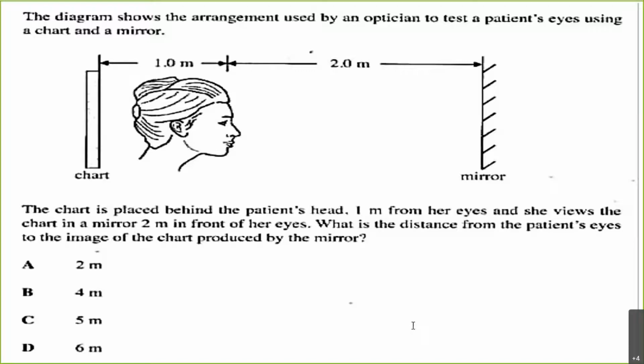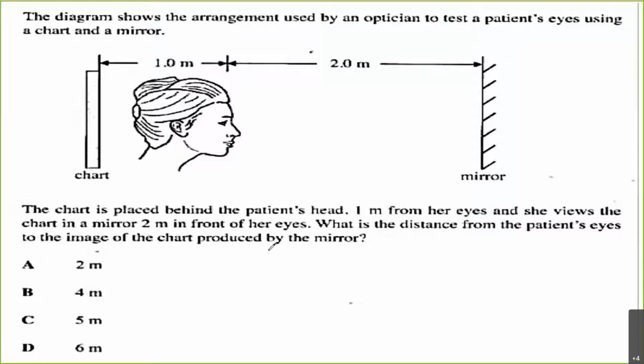B. Why do you say B? What's your reasoning? It's 2 meters away from the mirror, so it will be 2 meters behind the mirror, I guess. So when you add that up, that gives you 4.